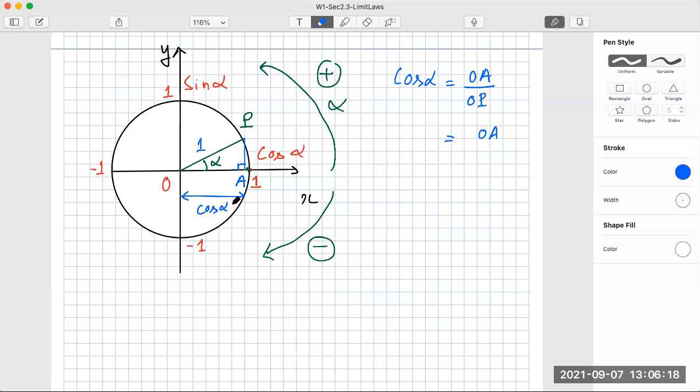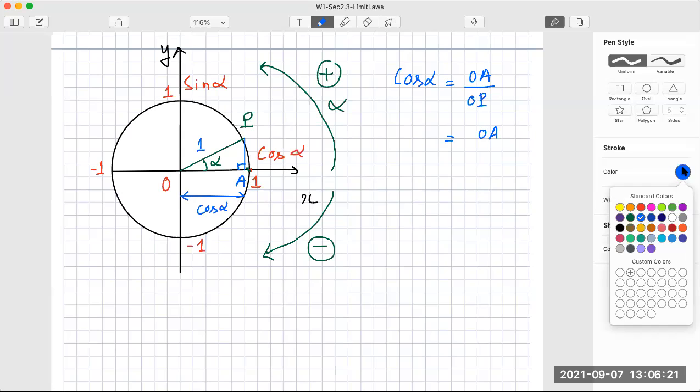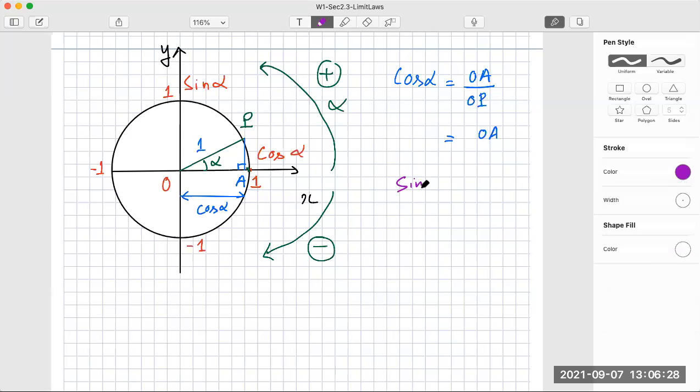How about sine of alpha? If I define the projection of the point to the y-axis as B, then what is sine of alpha? AP divided by OP, right?